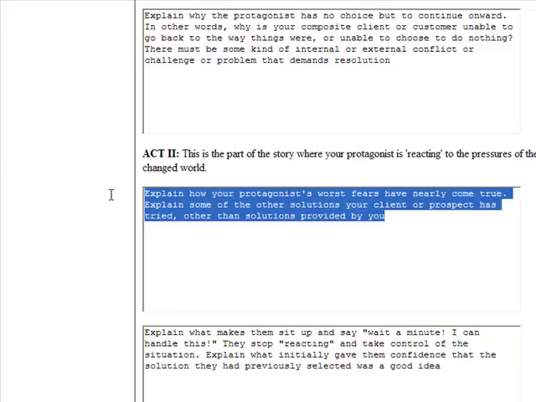From writing sales copy, it's the same thing. What happens that stops you from going back to the way things were? What's happening right now that's causing pressures on you because of the choice you did make? So for me, as a copywriter, if I were writing to someone to get them as a client, one of the things I might address as a common scenario is they decided to write their own sales copy, and it's just not working. At first they thought, well, it's good enough to do it themselves, but good enough isn't good enough.